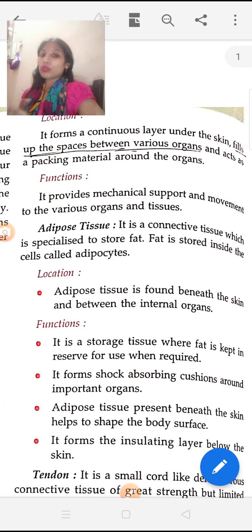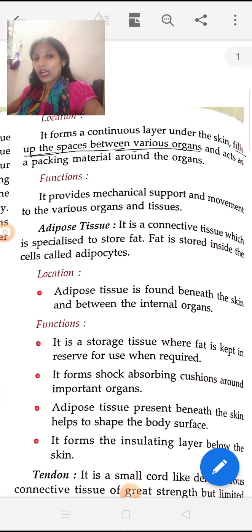And you know what the fibroblast cells are, that I just shared with you. So now I talk about the cells of the adipose tissue.